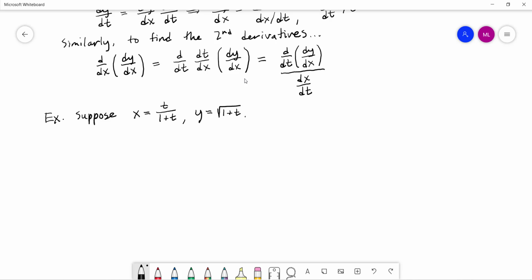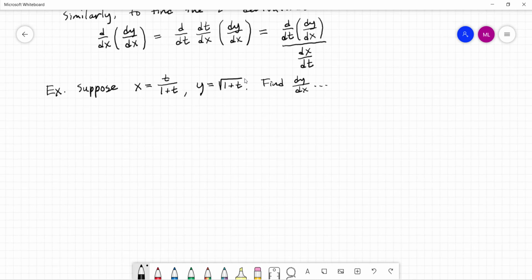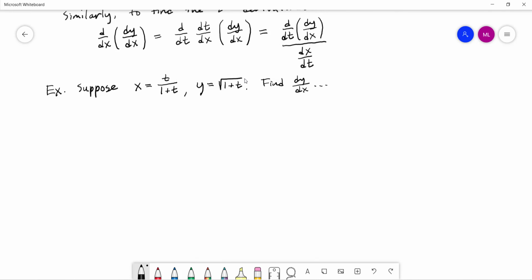I want to find dy dx. So again, all I need to remember is that dy dx is going to be dy dt divided by dx dt, assuming that the denominator dx dt is not equal to 0.